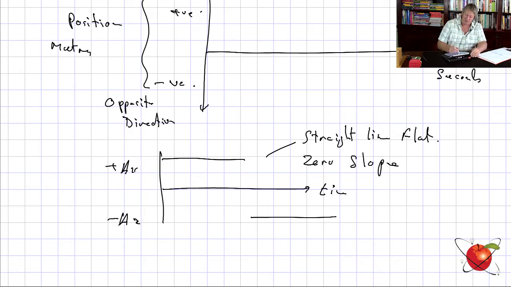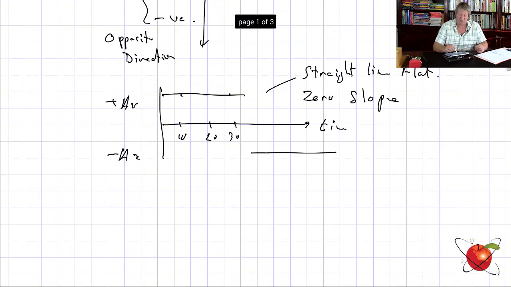My position, let's say this is after 10, 20, 30 seconds, I am still in the same place. The key to these graphs is to ask what is happening, right? I know a lot of people struggle with it, but the actual way is to say what happens. At 10 seconds, where am I? I'm there. At 20 seconds, I am still there. At 30 seconds, I am still there.